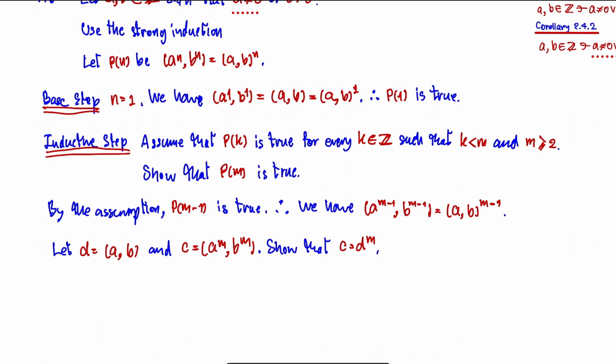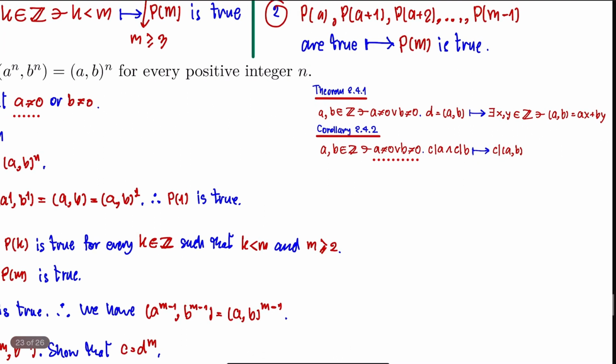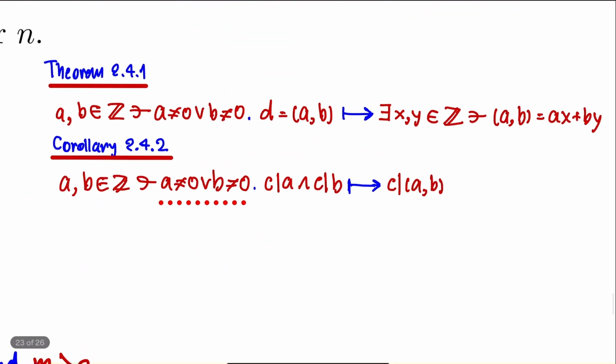Now to begin this proof, let's take a look at this theorem, Theorem 2.4.1, which states that if you have the greatest common divisor of a and b, let's say D, you have integers x and y such that the greatest common divisor of a and b equals ax plus by.